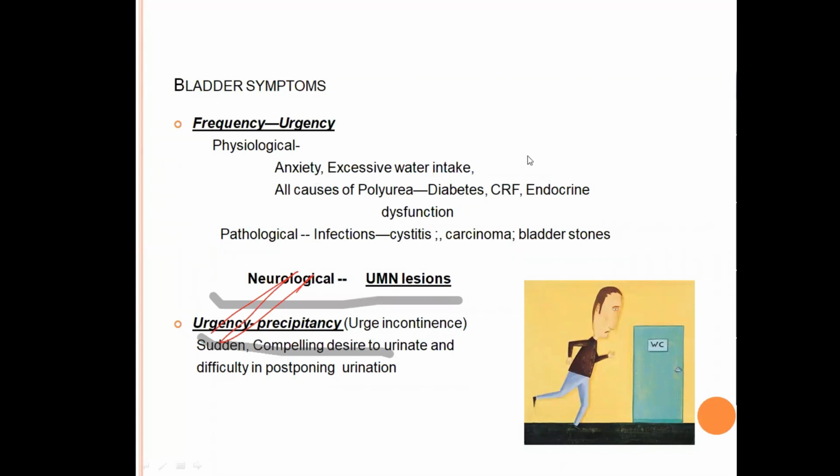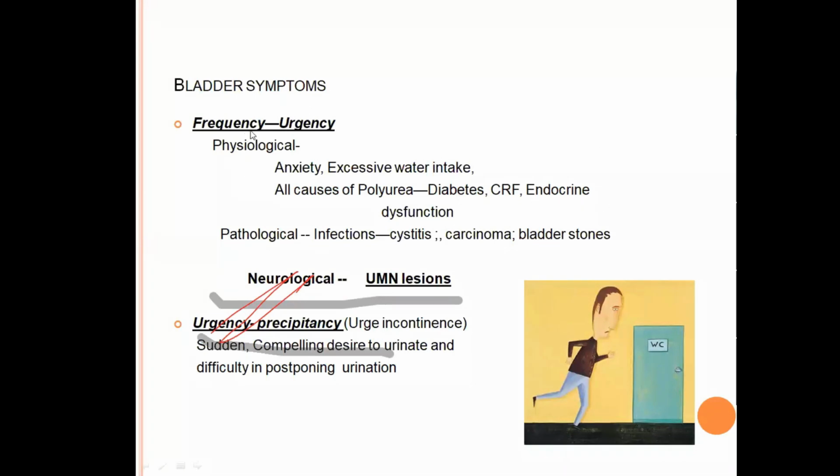Just before a viva examination, you may like to go to the bathroom, or before you give a performance on the stage, or excessive water intake. There are some youngsters who keep drinking 3 to 4 liters of water because they have read somewhere on the internet, you must keep yourself healthy by drinking more water. All other causes of polyuria like diabetes, CRF, endocrine dysfunction, etc.